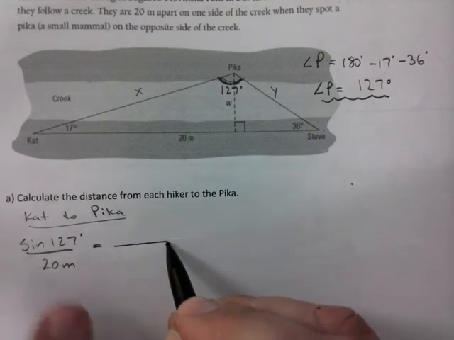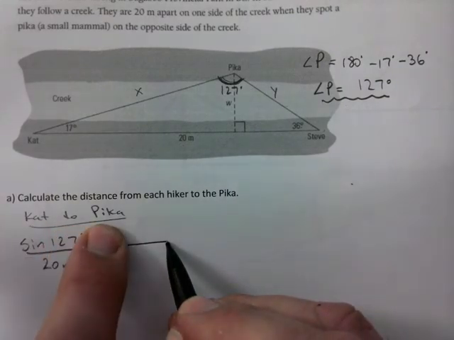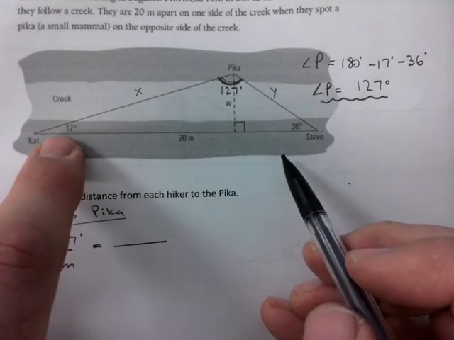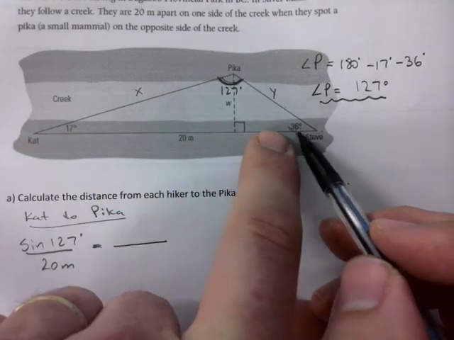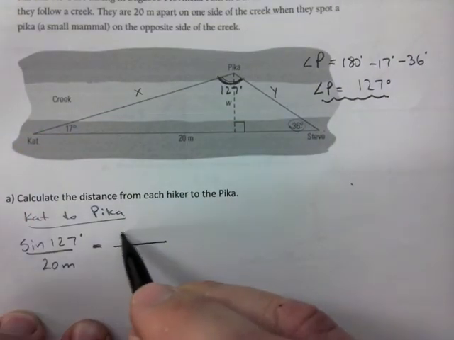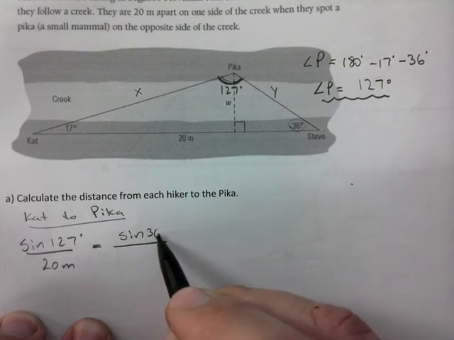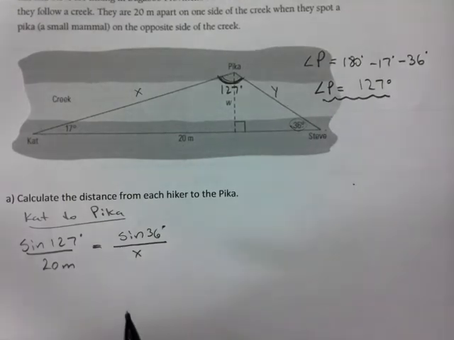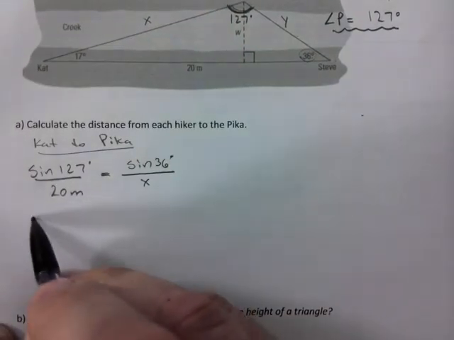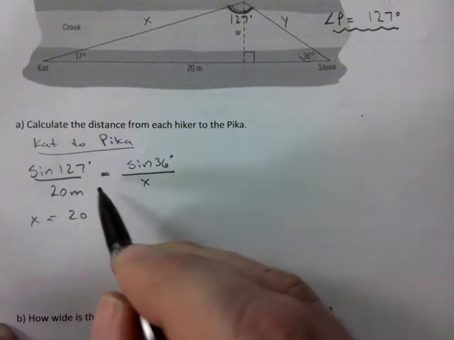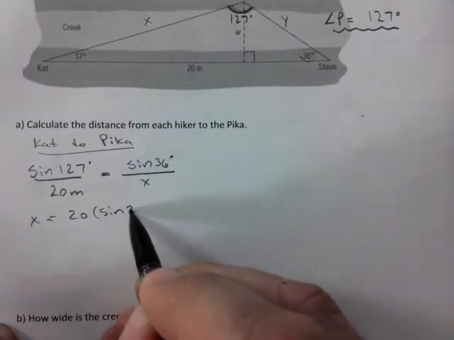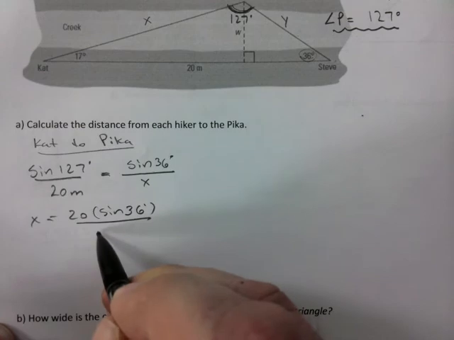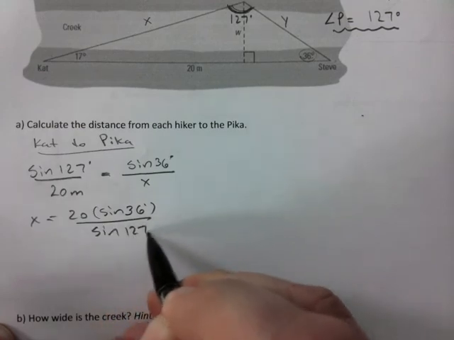Next, if I want Kat to pika, which angle do I need to use? I need to use the 36. Sine of 36 over x, and I'm going to cross multiply and divide. 20 times sine of 36 divided by sine of 127.